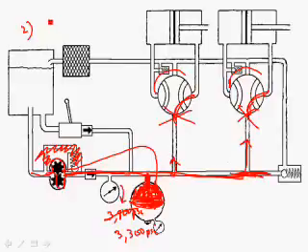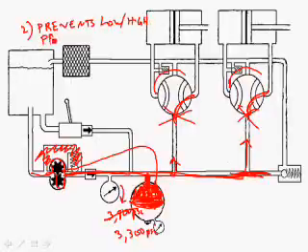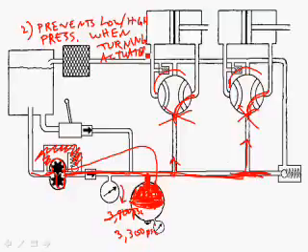So number 2 is it prevents low or high pressure when turning actuators on and off. It essentially keeps the pressure a lot closer to 3000, even though we turn a bunch of things on at once or we turn a bunch of things off at once.